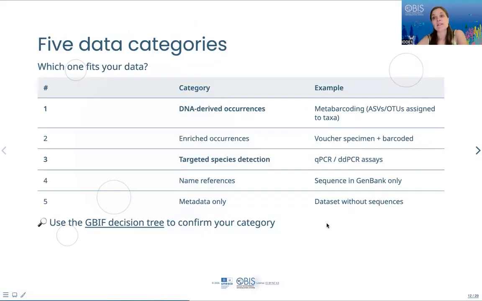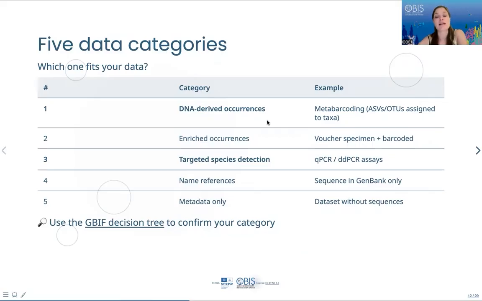In this guide, we divide DNA data into 5 different categories. I'm only going to talk about one of these now, and I think in this workshop, we only talk about the metabarcoding data. So that is category 1, DNA-derived occurrences. That means a species in a time and place would be one occurrence.